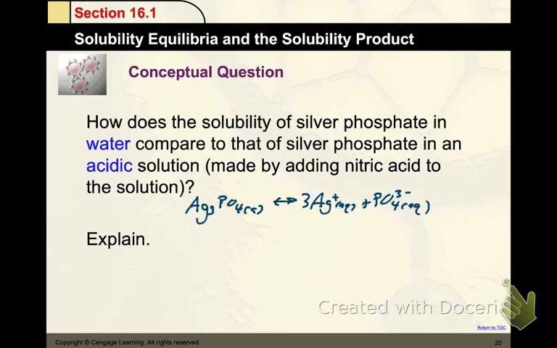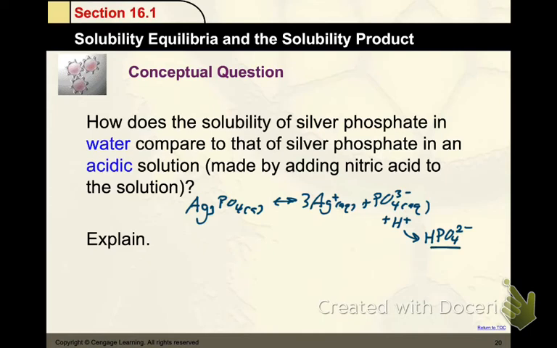So how would H plus affect that? Would H plus combine with PO4 3 minus to form some HPO4 2 minus? Well, is HPO4 2 minus a strong acid? No. It would be considered a weak acid. So yes, that very likely would happen.